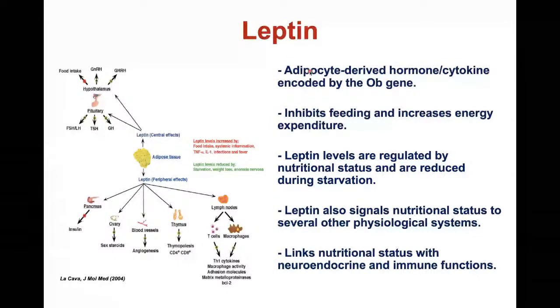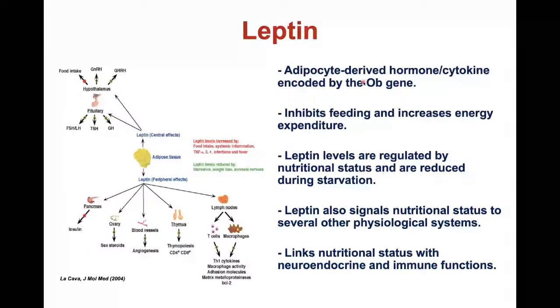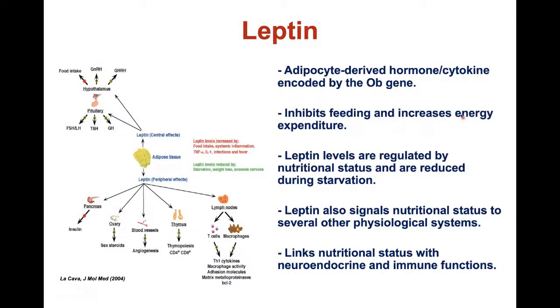And then we would like to show some data on leptin. What is leptin? It's an adipocyte-derived cytokine or hormone that inhibits feeding and increases energy expenditure. Leptin levels are regulated by nutritional status, and leptin also signals nutritional status to several other physiological systems.